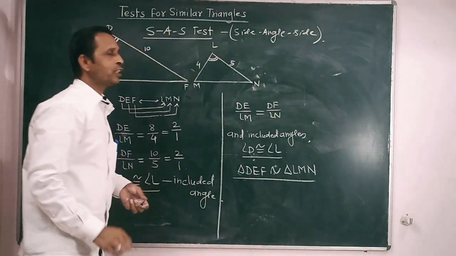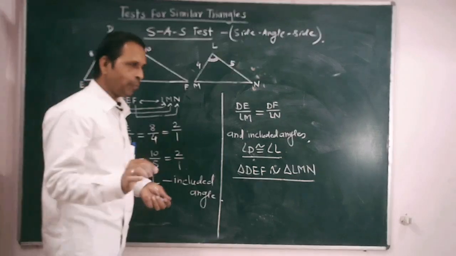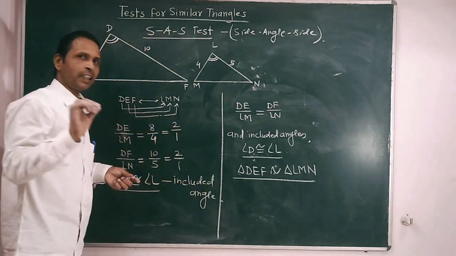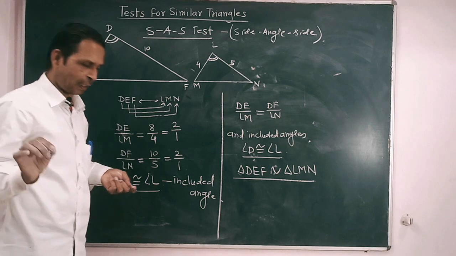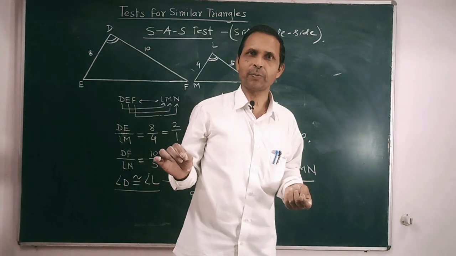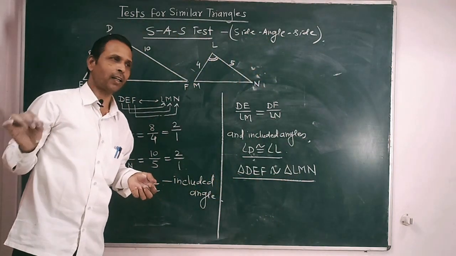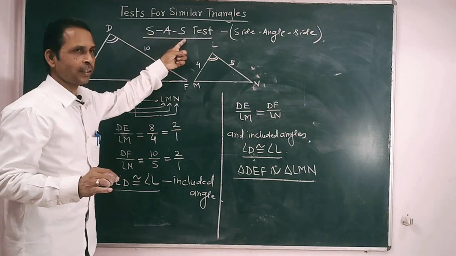Now all these three tests are very important for the similar triangles. Now first test is SSS test, means side test. Second test is AA test, means angle test, and third test is SAS test.